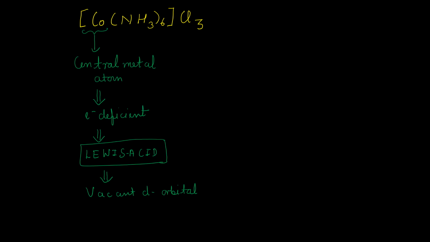Now the second is the ligand, in this case, this ammonia molecule. This ammonia molecule is the molecule which is surrounding the cobalt atom. So this can be a neutral molecule, most of the time, or it can be an anion.